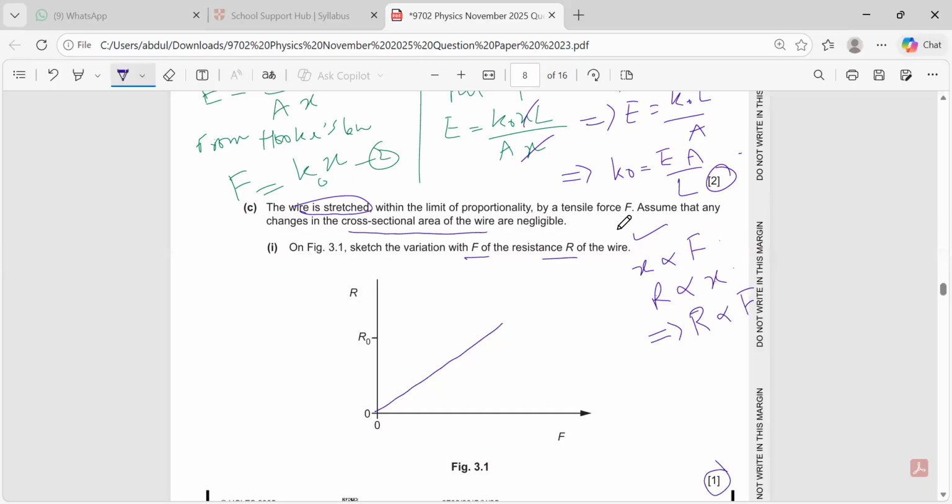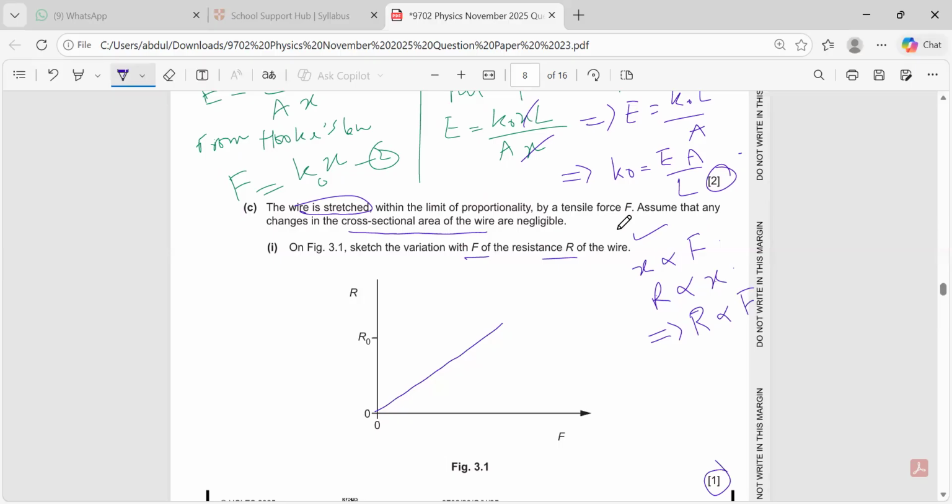Again, the wire is being stretched. It means its length is being increased. Area of cross section is not at all changing. Now, the force is causing the extension. He is asking us to sketch a graph of the force against resistance of the wire.